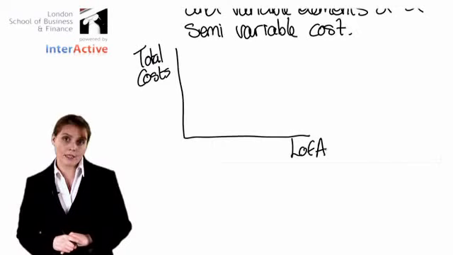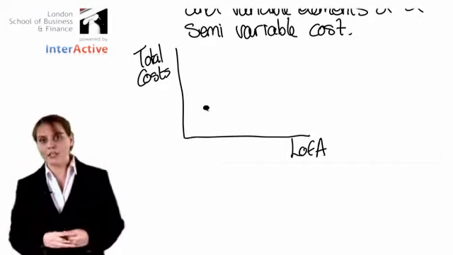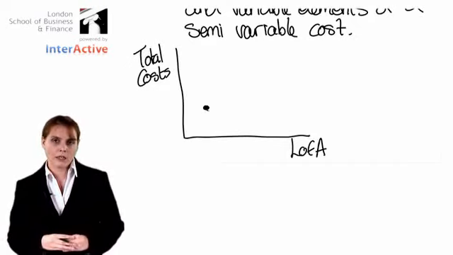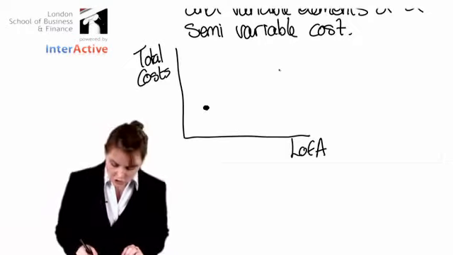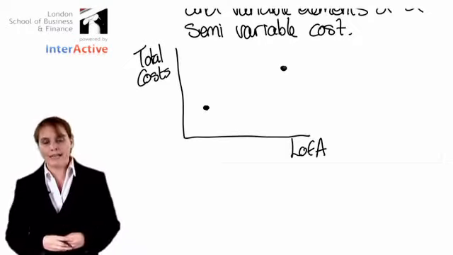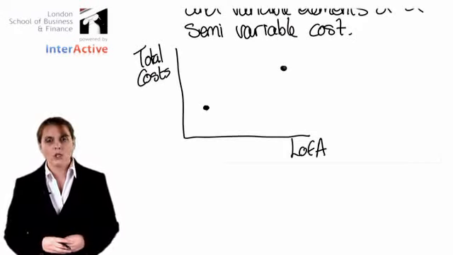So we will already have calculated, or we will be given in the question, what total costs for the company are at some low level of activity. And we will also know what total costs would be at some high level of activity.